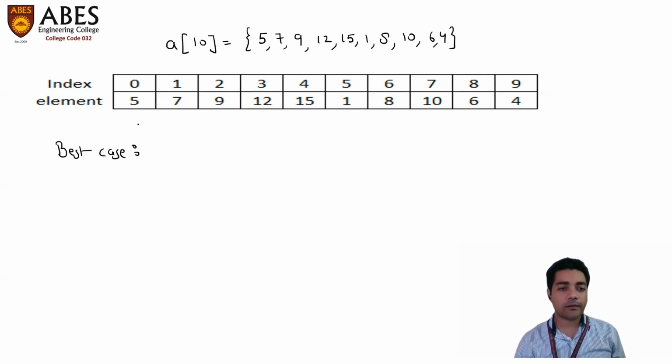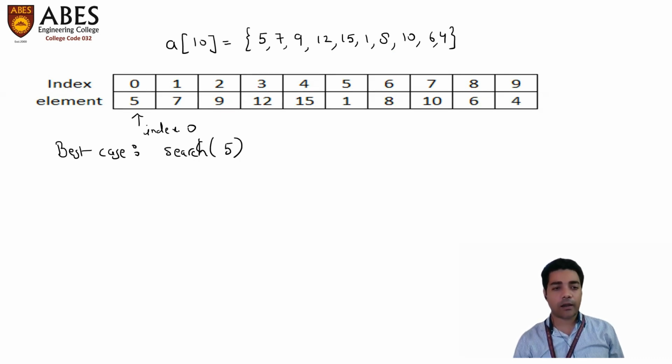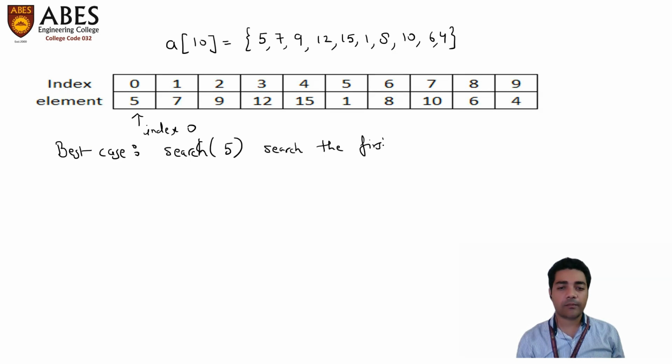If I search for element 5, then it is at index 0, the first index. I cannot take less time than this to search for an element. So the best case is to search the first element.